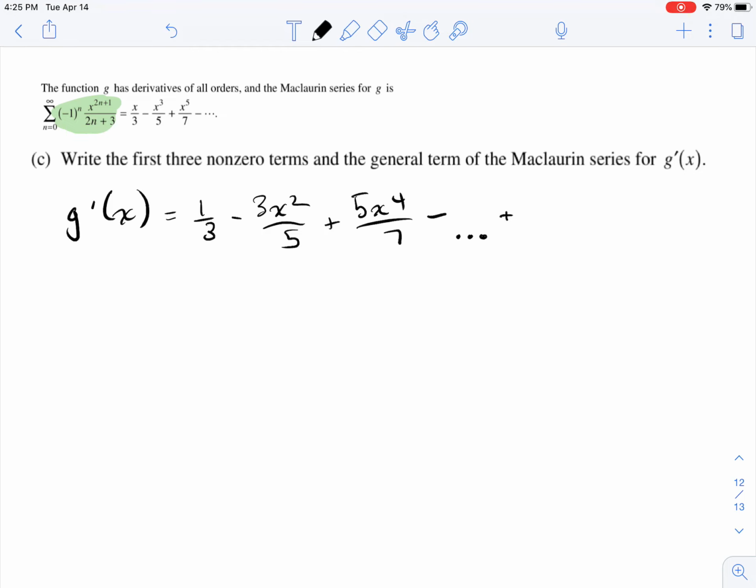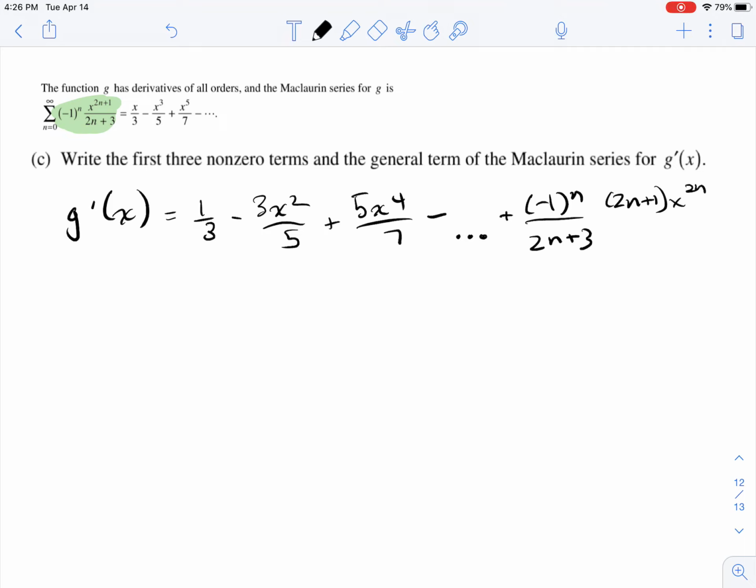So let's go ahead and write those so that we don't get too swept up by them. These are just constants, and you know that those constants aren't going to be affected by us applying the power rule. So when we're doing the derivative of x to the 2n plus 1, that's going to be 2n plus 1 times x to the, and we are going to reduce that power by 1, so 2n.